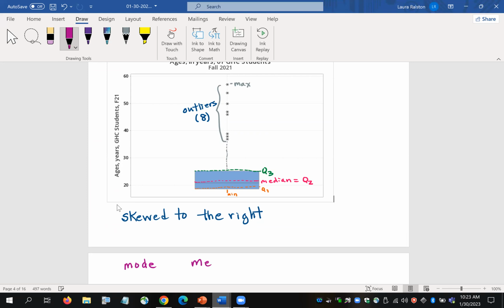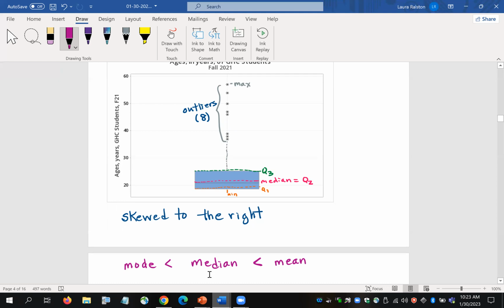For skewed to the right, the mode is the smallest, then the median, then the mean. So if I look at my measures of center, they should line up. Mode is the smallest, median in the middle, and then the mean is the highest.